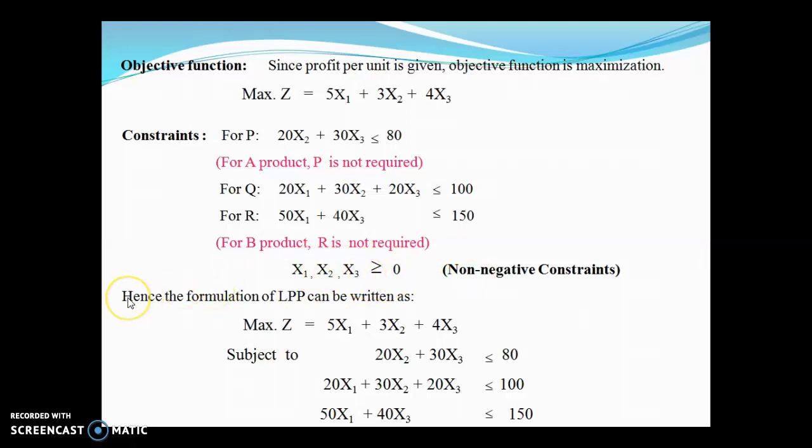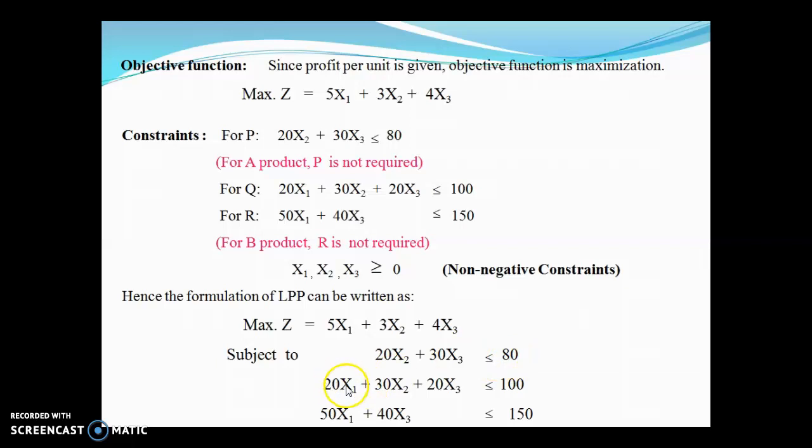Hence we can write the given LPP: maximize Z equals 5x1 plus 3x2 plus 4x3, subject to the constraints 20x2 plus 30x3 less than or equal to 80. This is the first constraint.